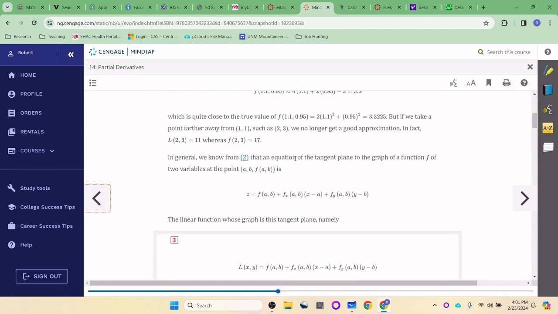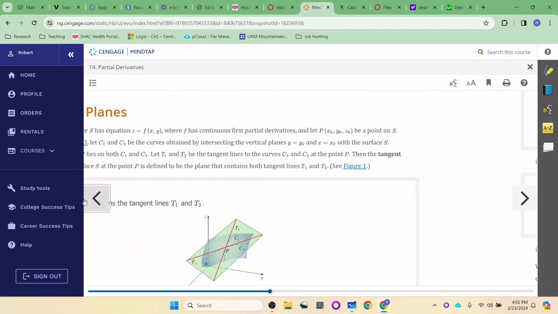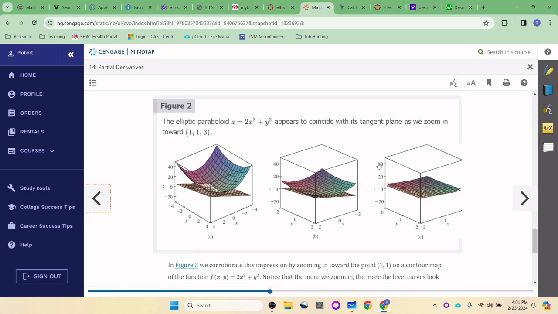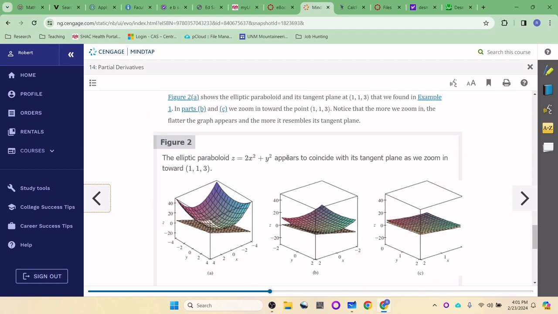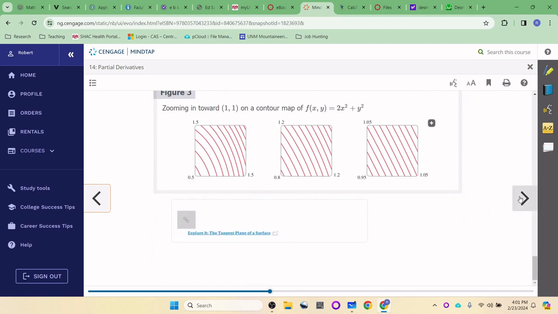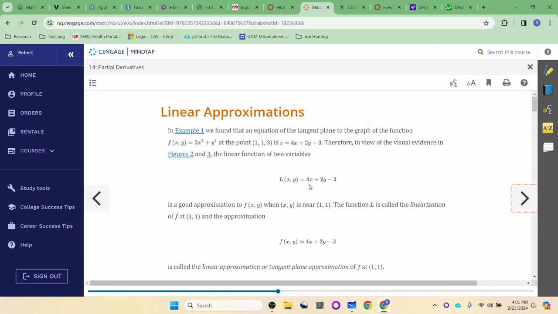Back one. That's figure 3. They show a good picture here of how the tangent plane looks closer and closer as you zoom in. There's figure 4 that I wanted to show.